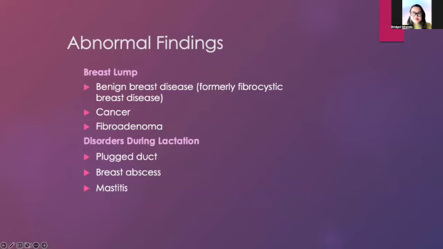If someone is at a higher risk, instead of waiting till 40, you may get a mammogram at 30 years old. Again, most commonly, breast cancer is found in the upper outer quadrant or the tail of Spence. Hard, irregular axillary nodes may accompany this area: skin dimpling, nipple retraction, elevation, and discharge.